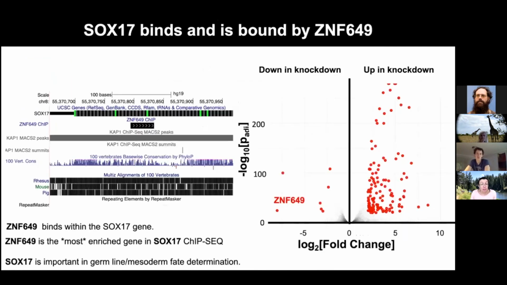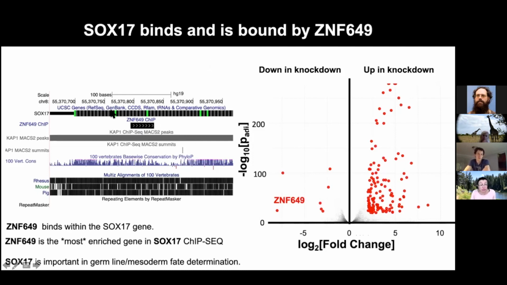So that suggests that by virtue of having a LINE-1 hop into the gene, we are actually pulling it into this ZNF649 gene regulatory loop.